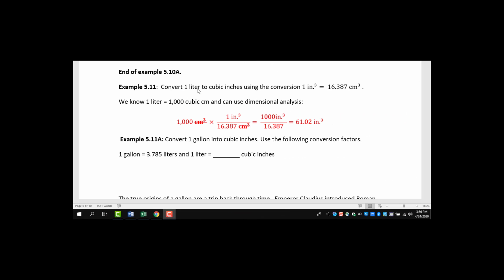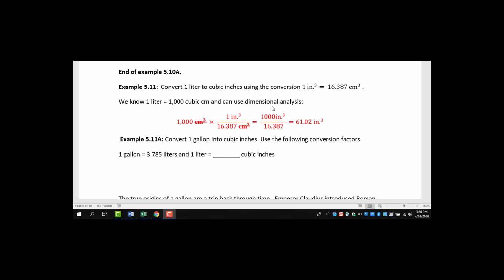So convert 1 liter into cubic inches, using the conversion 1 cubic inch equals 16.387 cubic centimeters, which is what we did before. We know that 1 liter is 1,000 cubic centimeters, because 1 cubic centimeter is the same thing as 1 milliliter.